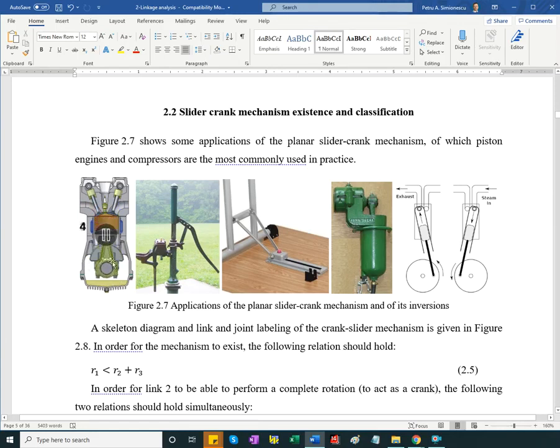Slider crank like in engines, crank slider like in compressors. So this is a 4-stroke engine. This is a pump. This is a table with foldable legs.